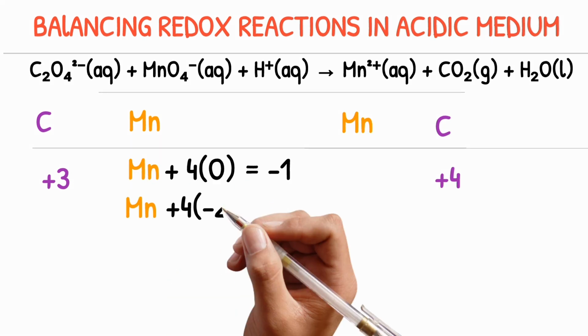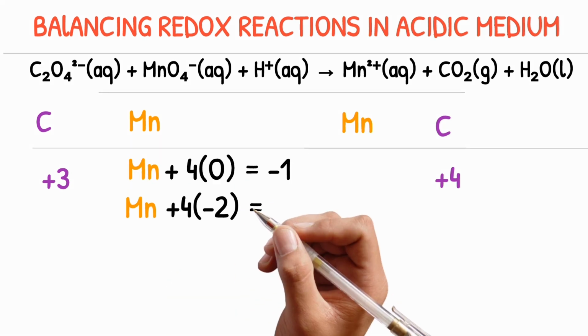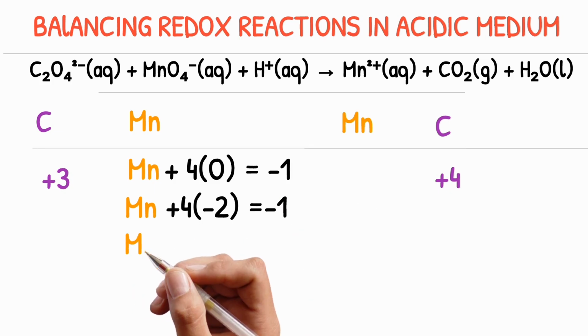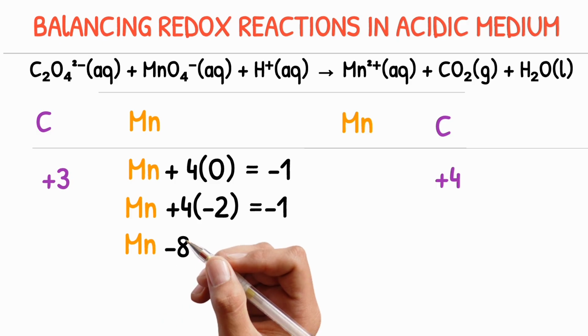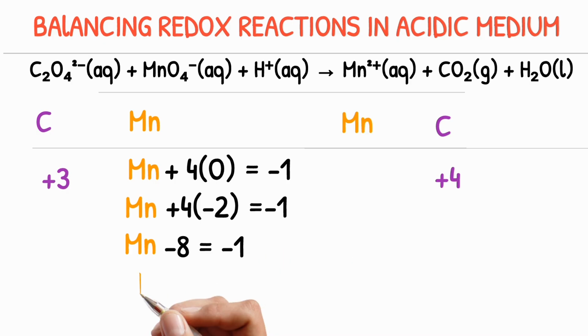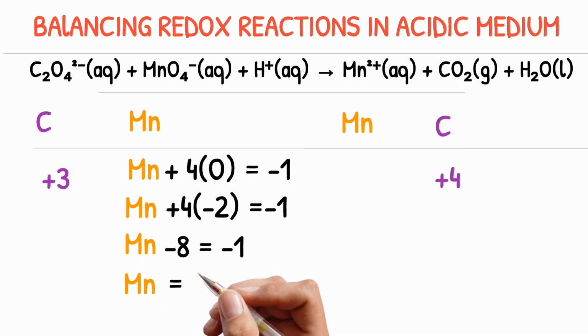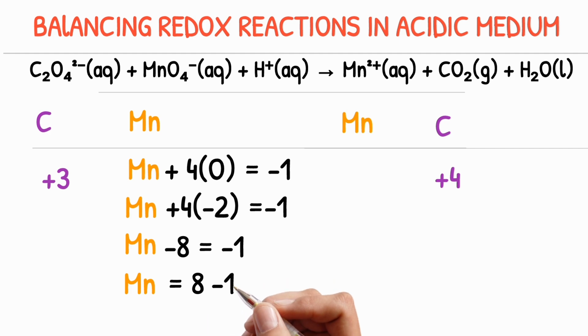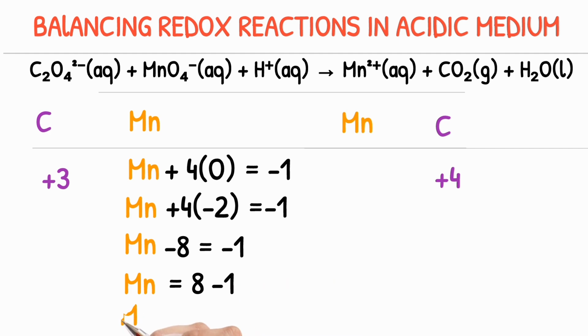We remember that oxygen always has an oxidation number of -2 in all its compounds. That's why we are substituting -2 in place of oxygen. When you take 4 times -2, it's going to give you -8. And then when you take your -8 the other way, it is going to be +8. When it crosses the equal to sign, the sign changes from negative to positive.